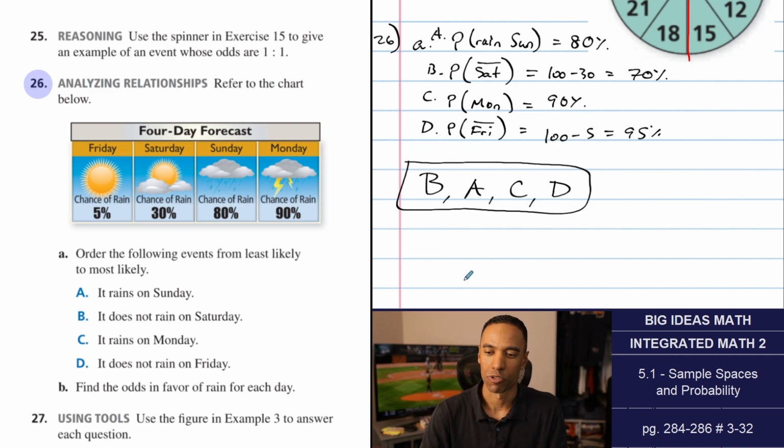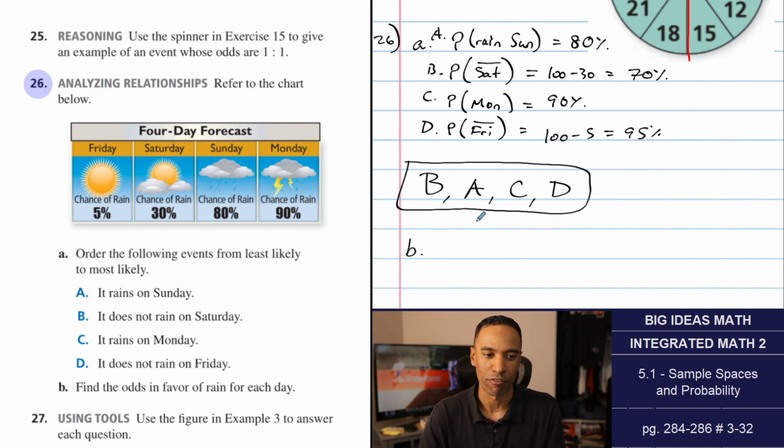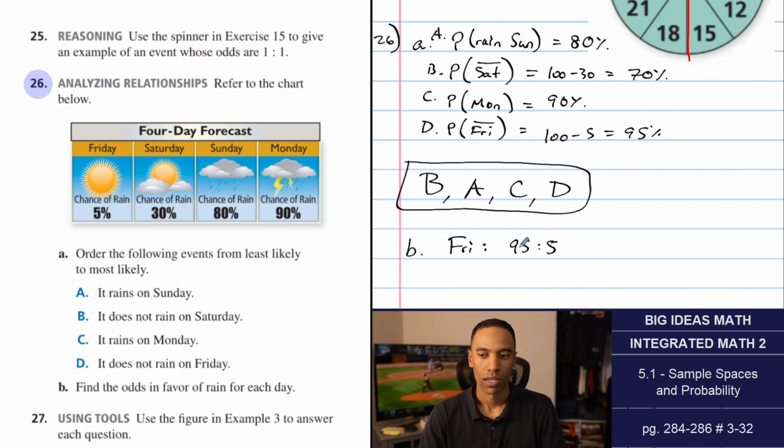Part B, find the odds in favor of rain for each day. So the odds are basically the thing versus it not happening. So for Friday, does not rain, that's 95 to 5 odds.